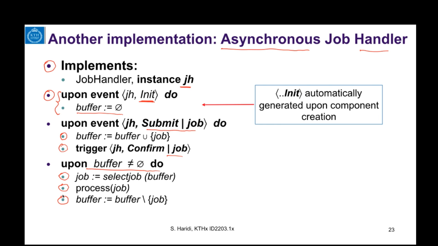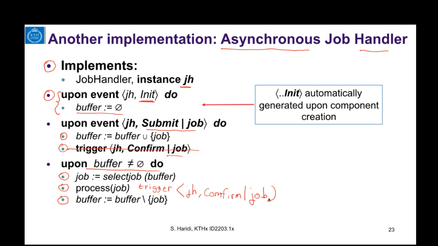Another possible implementation, which still satisfies this specification, is to delete the confirm triggering here, the output event, and actually do it only after the job is processed. So you have here trigger, again job, here is JP confirm job.